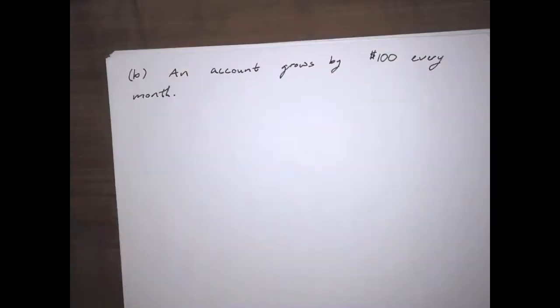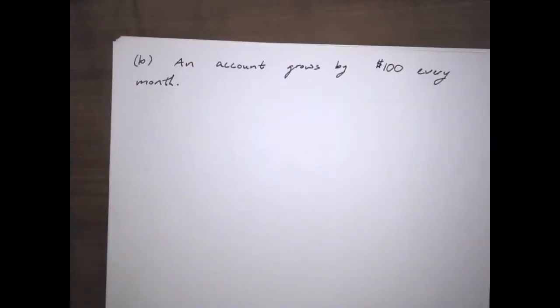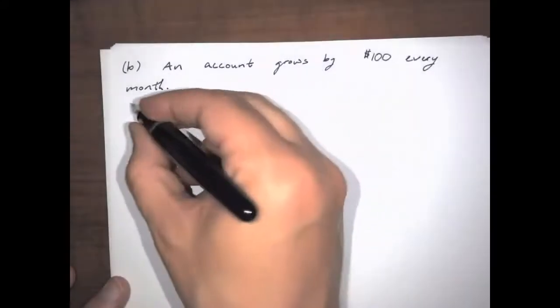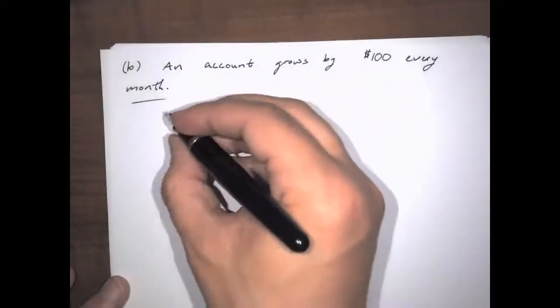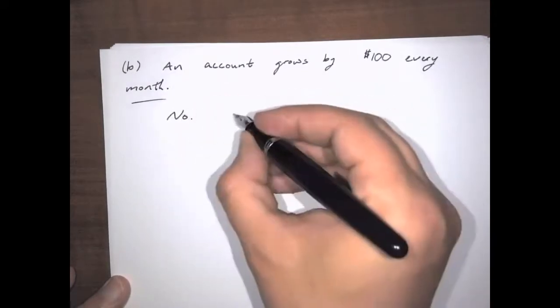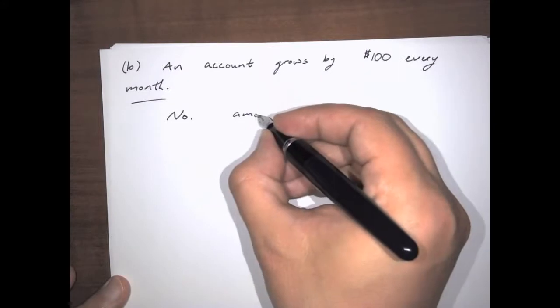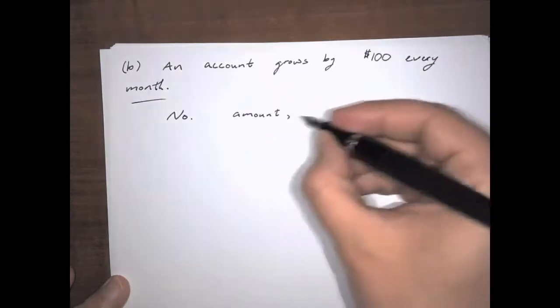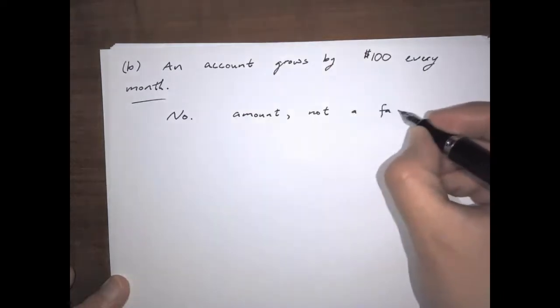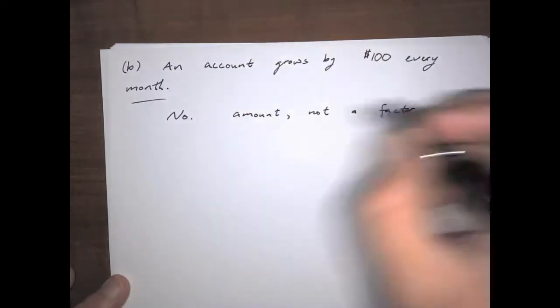So this is an example of a no. It's going up by a certain amount, not by a certain factor. Amount, not a factor, not a percent, not a decimal.